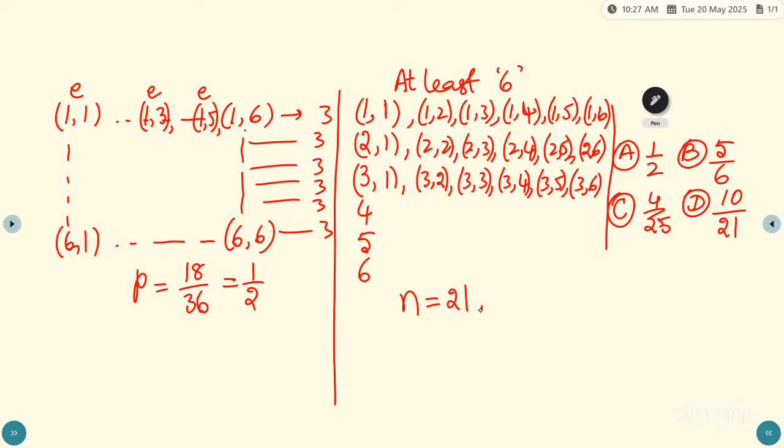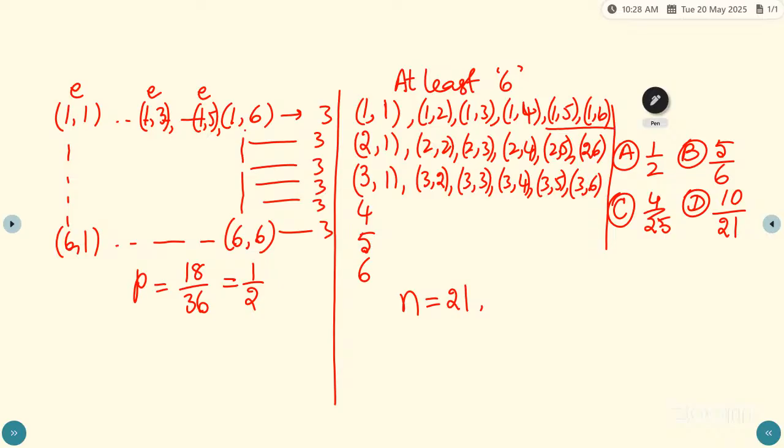Okay. Number of favorable events. What are favorable events? The sum of the scores is at least 6. Start counting now. That means it may be this or this. 1, 5 and 1, 6: sum is 6 and 7.